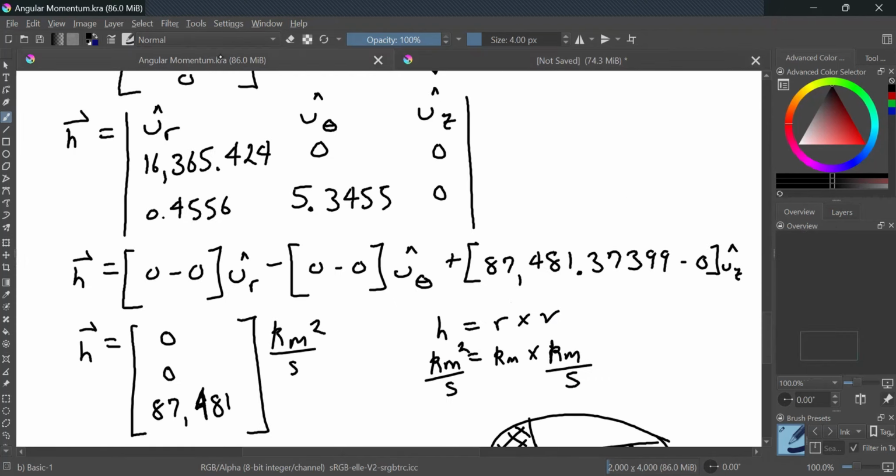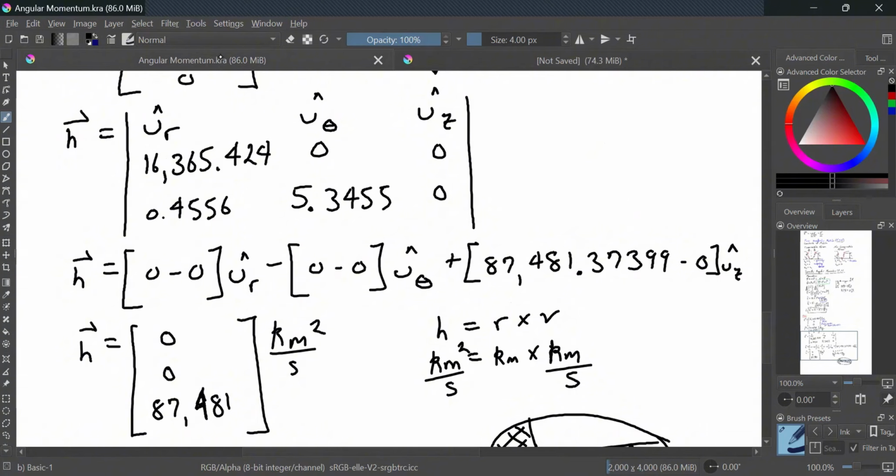Let's go back to our previous video where we saw that because we only ever have a radial component to our radius, as the name suggests, and never a tangential component, we really don't care what the radial component of our velocity is when we are determining our specific angular momentum.